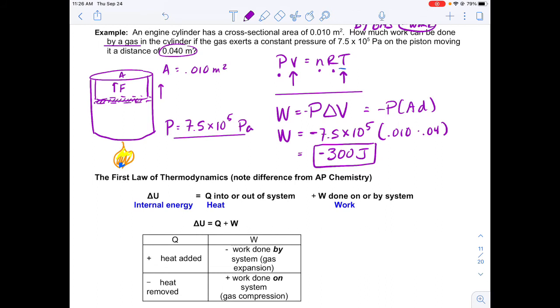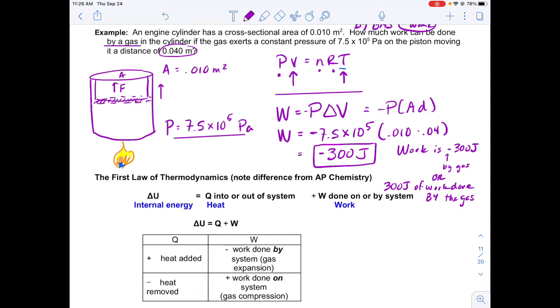Now, we can say this two different ways. We can say the work is negative 300 joules, and this negative implies that it's by the gas. Or I can say 300 joules of work done by the gas.